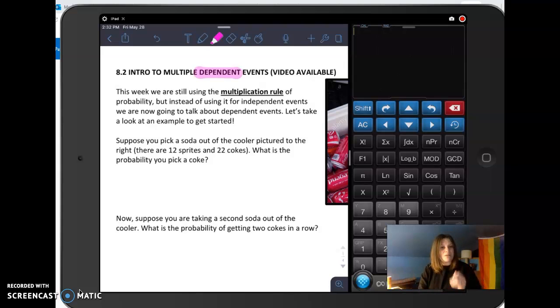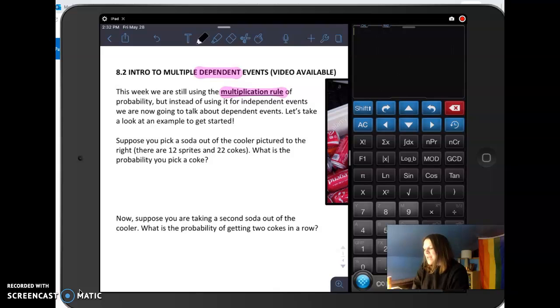We'll get into what that means in just a second, but we're still going to be using the multiplication rule of probability, which means that when things happen in a row, you multiply them together. So, slightly different topic, but really very, very similar to what we learned in last week's lessons.